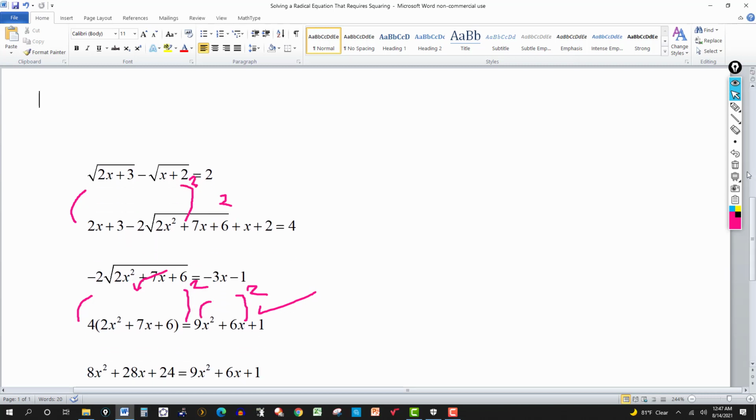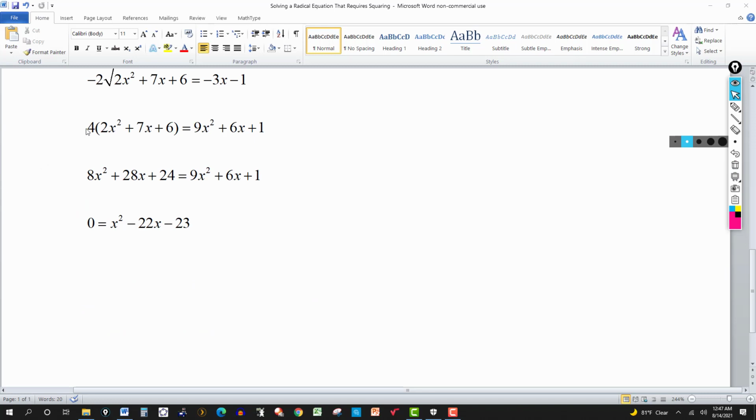And let me clear this now here. Okay. So squaring the two sides, and this is what we got. And then here just multiplied by 4. So 4 times 2x squared is 8x squared. 4 times 7x is 28x. 4 times 6 is 24. Just brought this down.